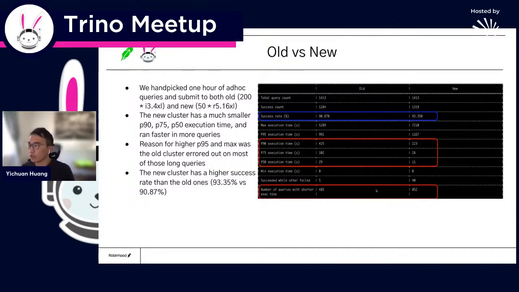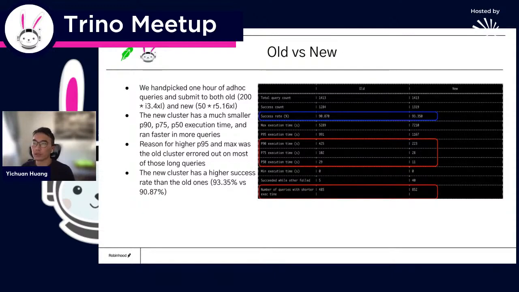If you see the red boxes, that is the number of queries with shorter execution time compared to the other. The new one has 852, while the old one only has 485. We actually see a higher maximum execution time and P95 execution time in the new cluster than the old one. The reason is that a couple of queries exceeded the maximum memory per node limit on the old setup, while they don't fail on the new clusters.